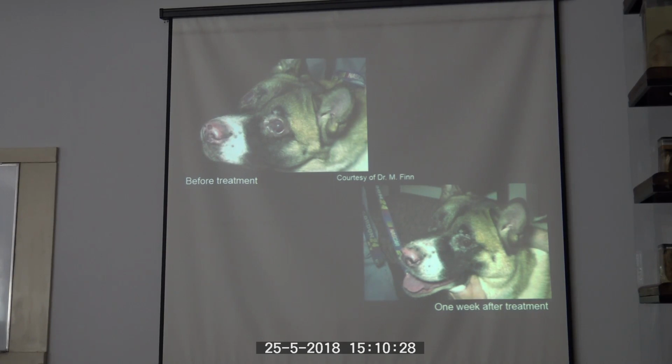This dog was recognized as having uveodermatologic syndrome, which is what this disease represents, and was then treated. Within a week of treatment, it already looked a lot happier. You can see the ulcer is barely visible on the tip of the nose, and we also don't see that reddened evidence of the uveitis in this dog.